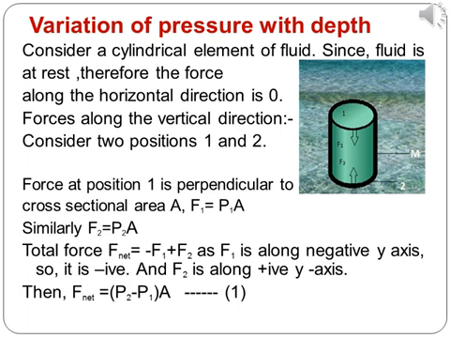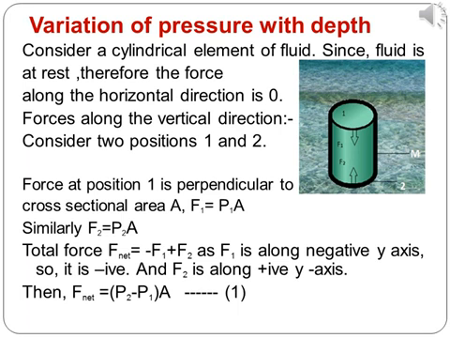Now, let us study how the fluid pressure varies with depth. Consider a cylindrical element of fluid having area of cross-section A and height h. As the fluid is at rest, the resultant horizontal forces should be 0 and the resultant vertical forces should balance the weight of the element.